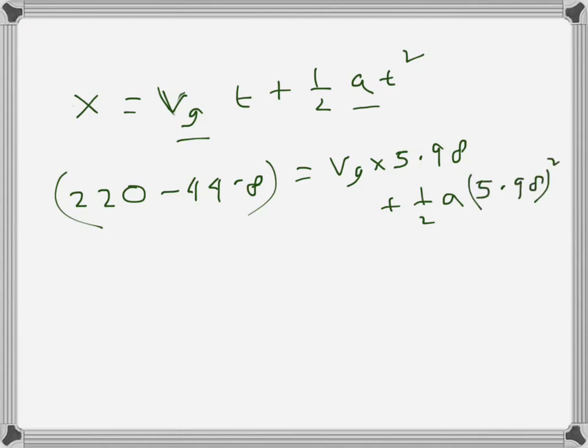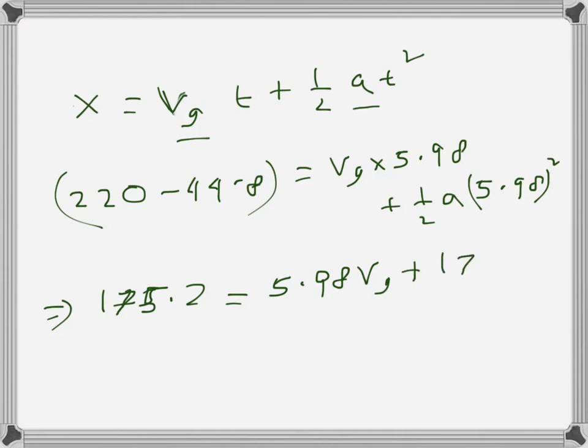These are not decent values. So what I got there is 175.2 equal to 5.98 vg plus 17.8 a. So this is one equation.